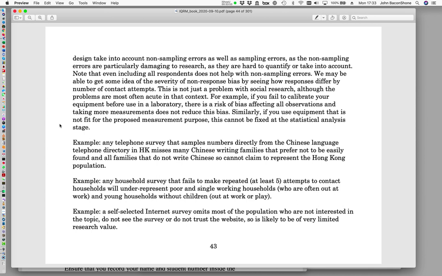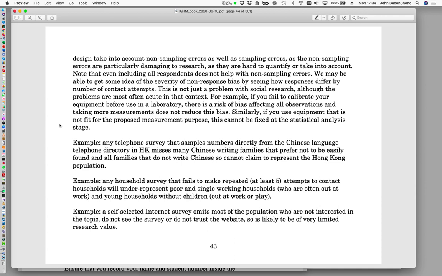Now sometimes we can get some idea of the problem. So for example, let's say non-response bias. How might we get some attempt on this? Well, for example, if we keep a record of how many times we try to contact someone. So let's say we're doing a telephone survey. Some people on our first attempt at calling their number, they answer the phone and agree to participate.